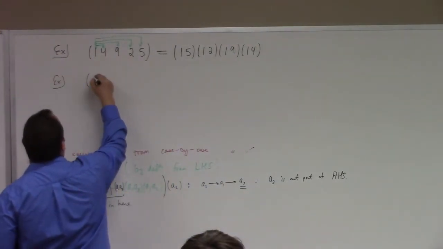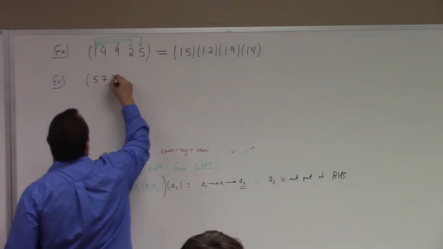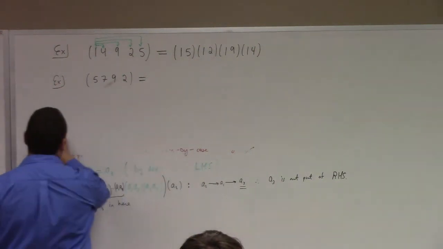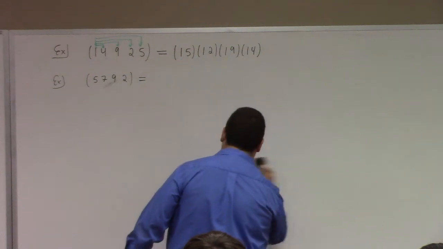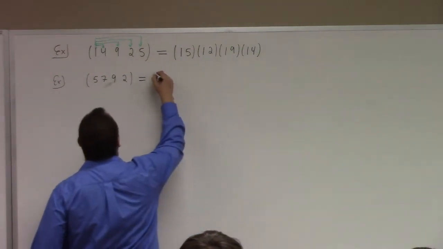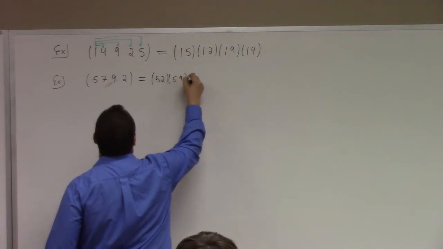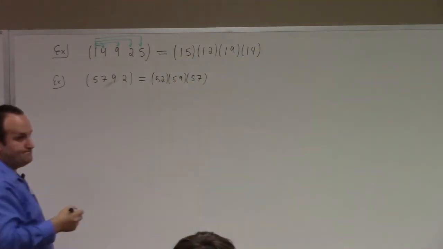If I have (5 7 9 2), I can rewrite that as a product of transpositions. What does it look like? (5 2)(5 9)(5 7). Right.